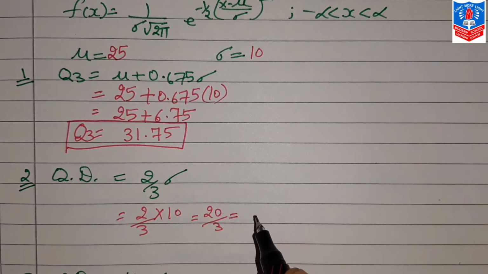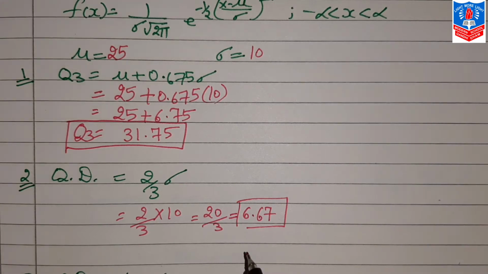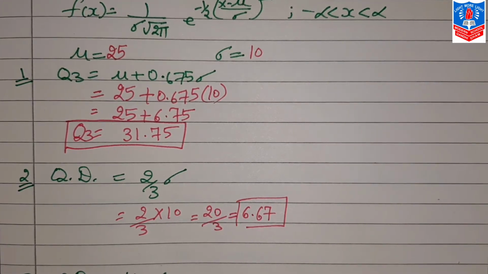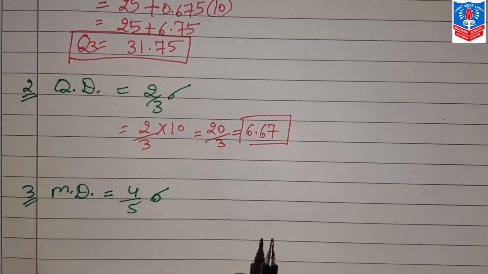If you write it in fraction then also it's okay, and if you want to divide this then also it is your choice. So this will be 6.67 or 20 by 3. Both are right.